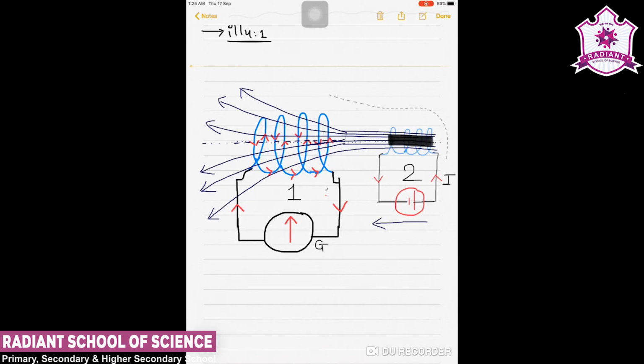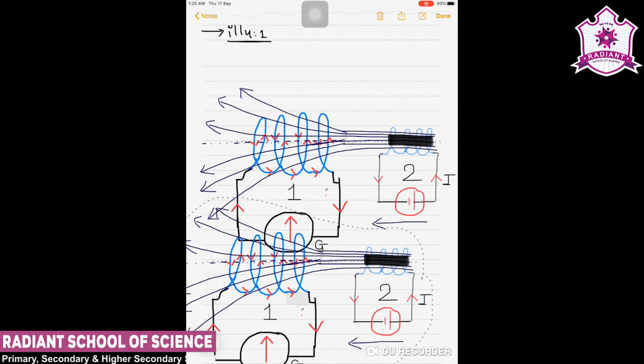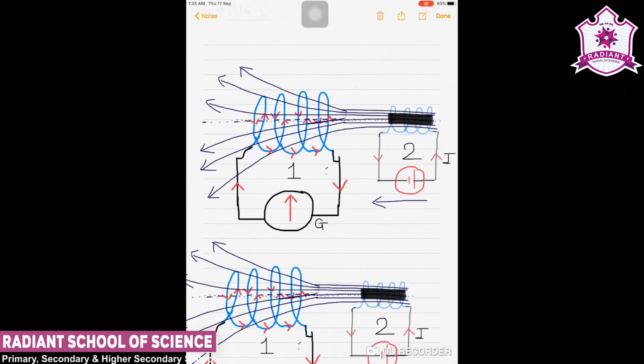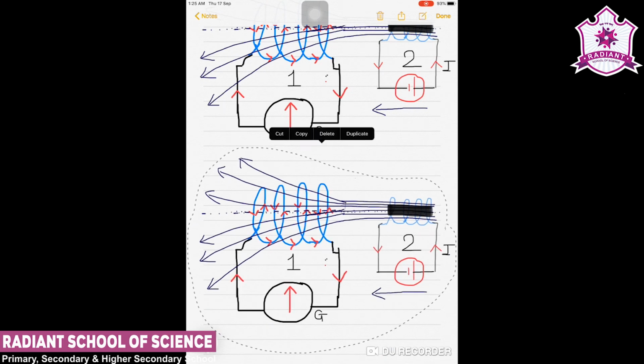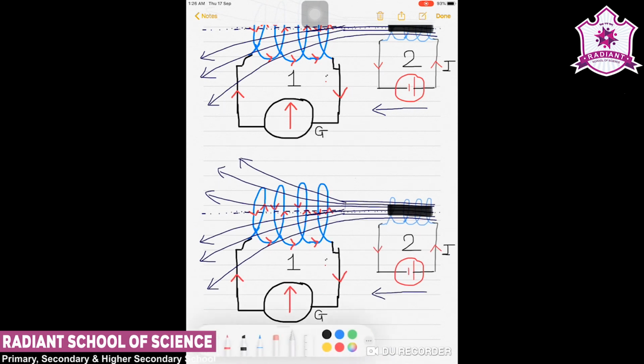So we have to remove that galvanometer portion, and still we want to detect the current. How would you demonstrate the presence of an induced current in the absence of the galvanometer?